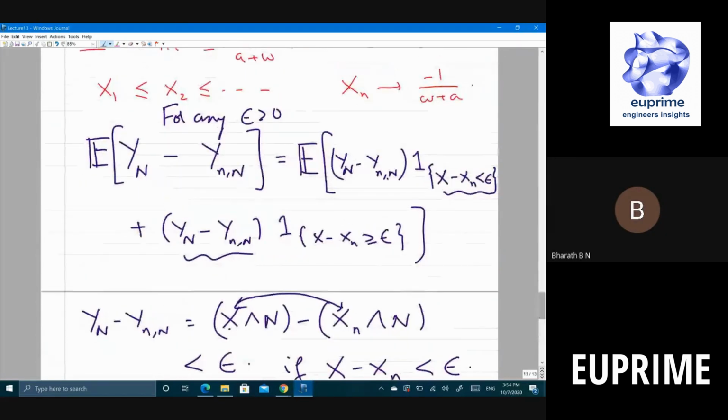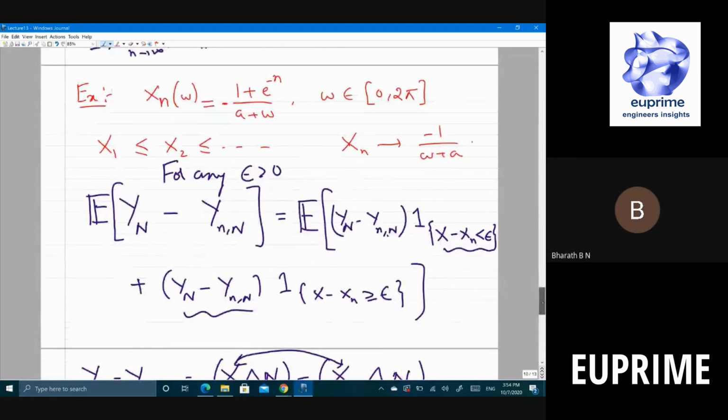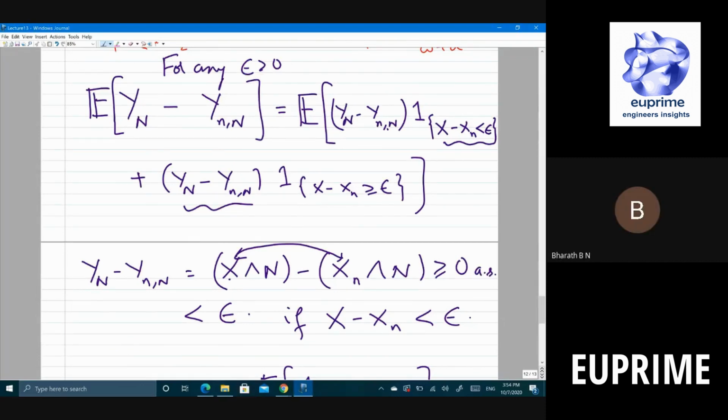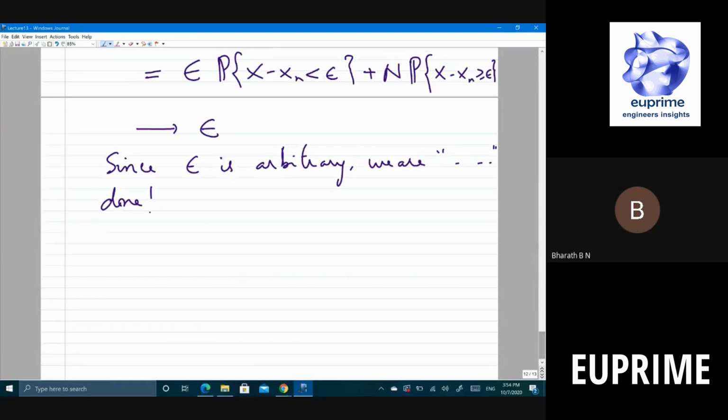But what can you say about this yn minus yn comma n? It is always greater than or equal to 0, almost surely, because x minus xn is always non-negative, because x is always larger than xn. Since xn is smaller than xn plus 1, which is smaller than xn plus 2, and so on, eventually it reaches x, so x is always larger. So this says that we are done.